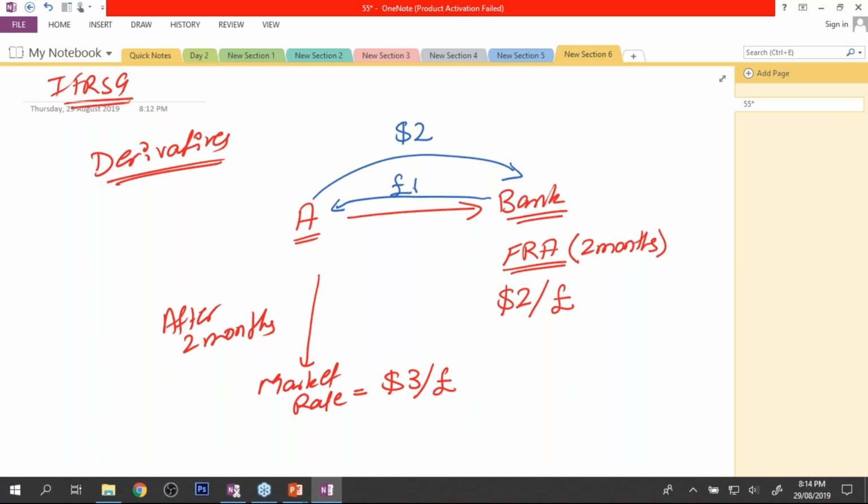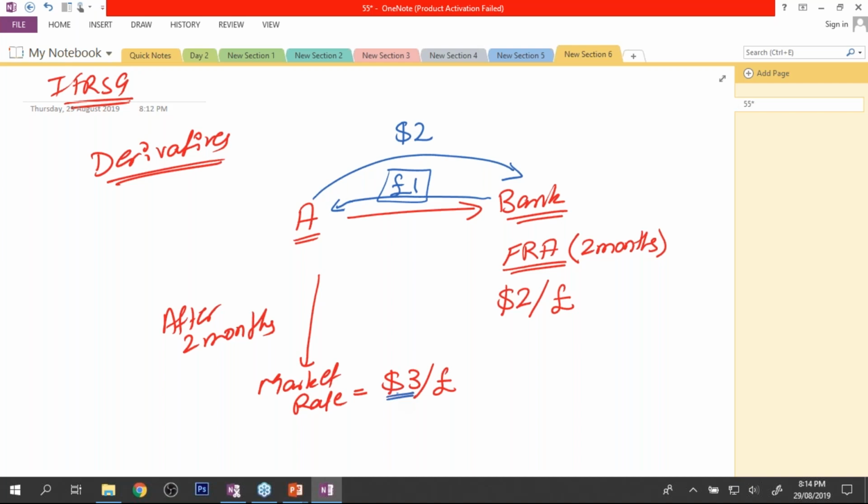I'm going to the bank after 2 months and I'm giving $2 to the bank, and in return I'm getting £1. Now this £1 has a market value of $3. So I am giving cash to the bank and receiving cash from the bank in return. So it is an exchange of financial assets. I'm giving cash, which is a financial asset.